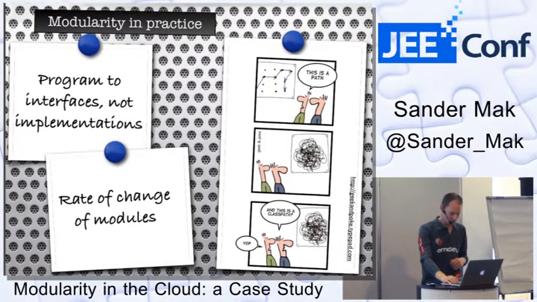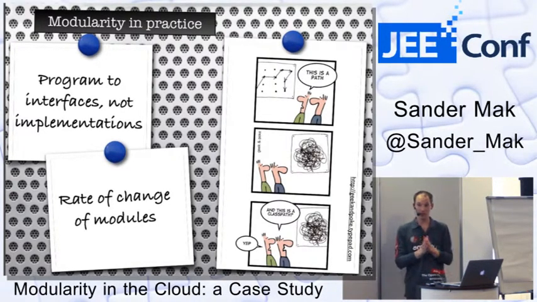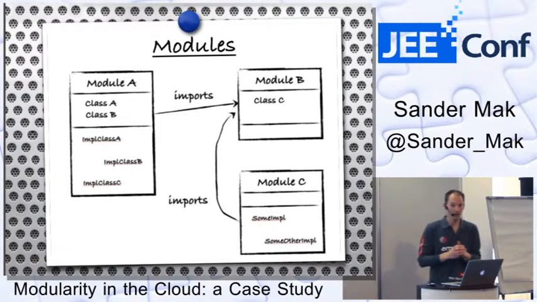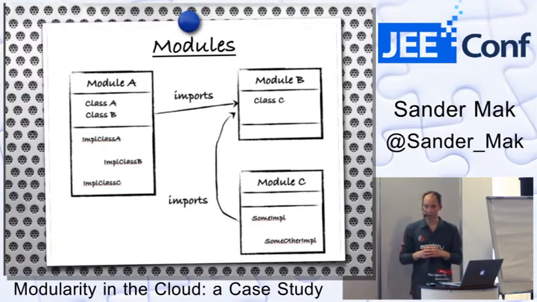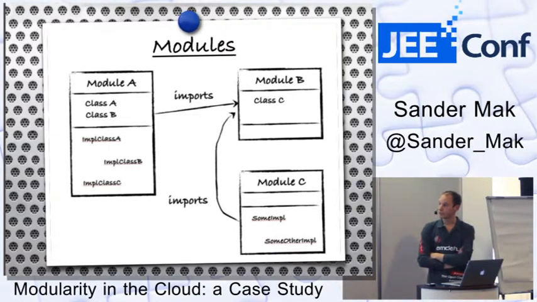There is OSGi and OSGi modules, and that's actually what we use in our systems. It's not really a Java specification, but it is a de facto standard. It's already been around for 10, 15 years or so, so it's not something that you cannot trust or that is really new. So what do modules look like in OSGi?